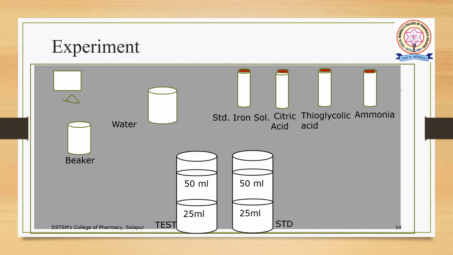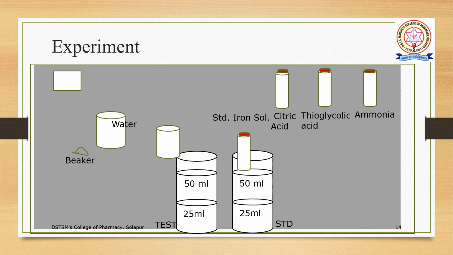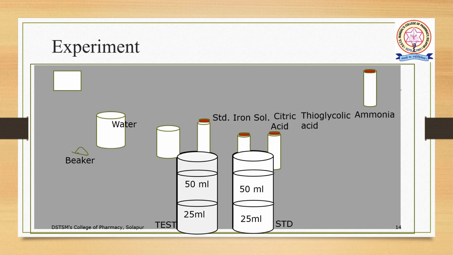Take 1 gram of sample, dissolve it in some quantity of water and put this mixture into the Nessler cylinder labeled as test. Then take 1 ml of standard iron solution, and 2 ml of citric acid. 2 ml of citric acid will be transferred to the test solution as well.